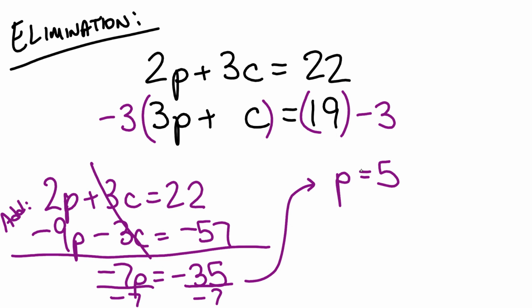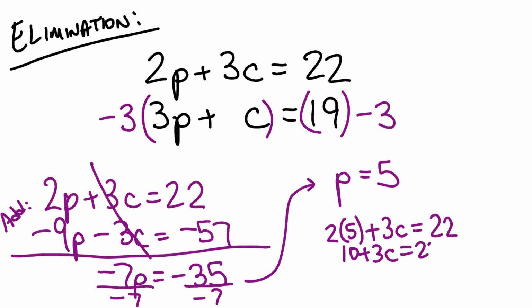And if a popcorn is $5, we can figure out what C is, because 2 times the price of a popcorn plus 3 times the price of a candy is $22. And so you can solve this using all the tools in your algebraic toolbox.